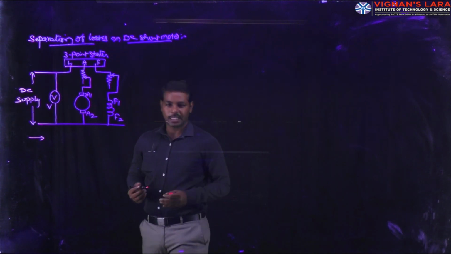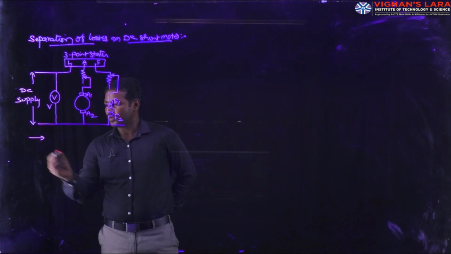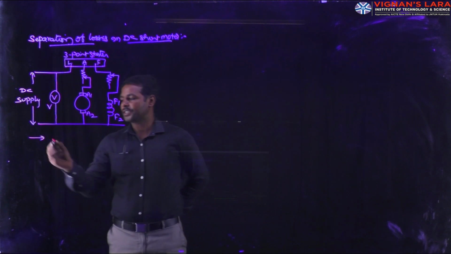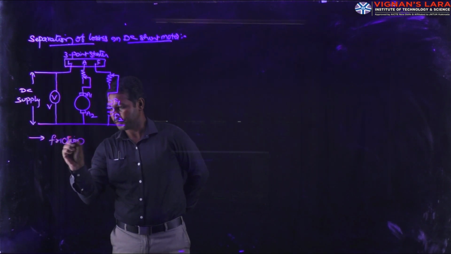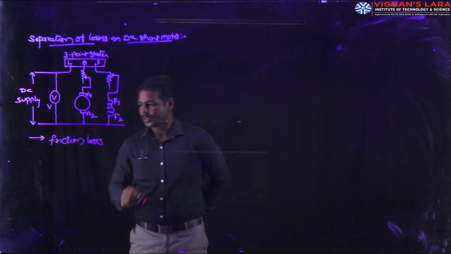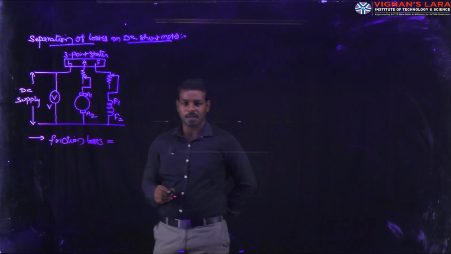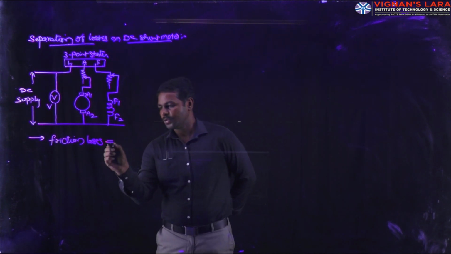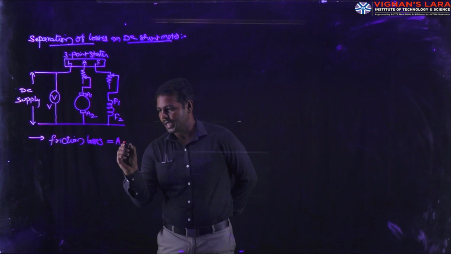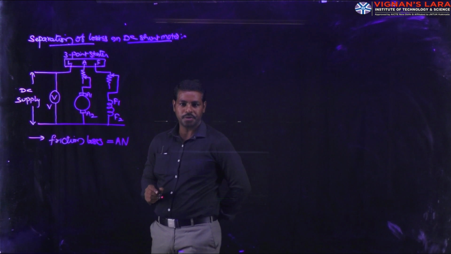Based on the expressions, we can write the equations of these four losses. First, friction loss is directly proportional to speed, so it is equal to A into N watts.